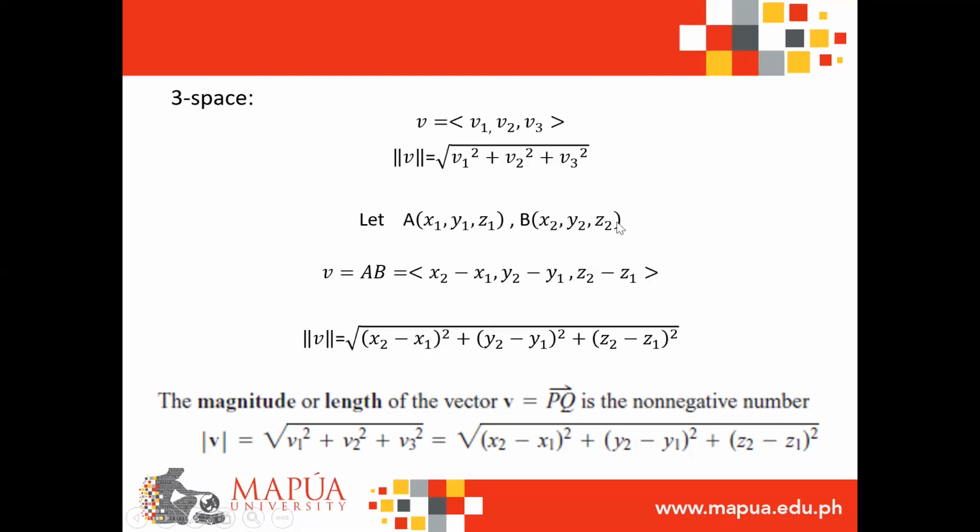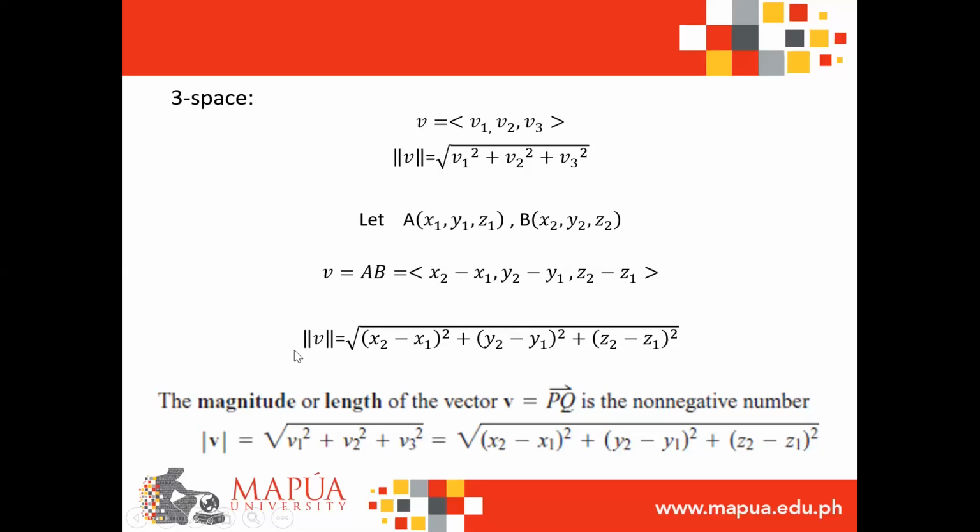Again, it is obtained by getting the difference of the coordinates of the two points A and B, where we have the terminal point coordinates from point B minus the initial point coordinates of point A.